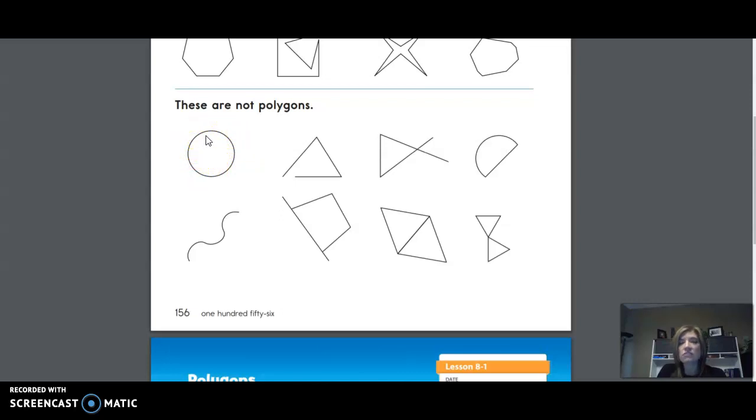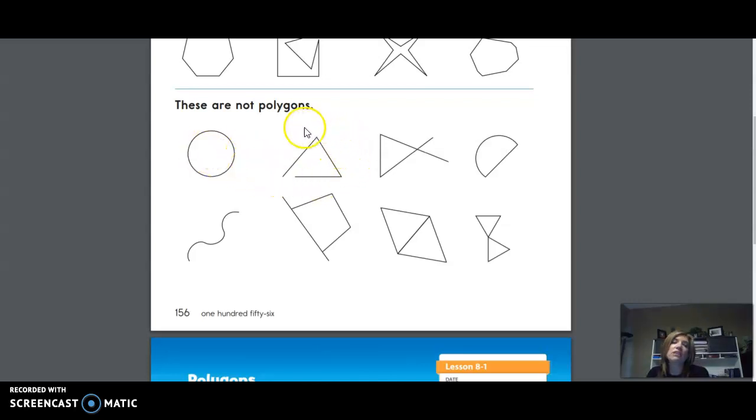No, the lines in the circle are not straight. They are curved. So since this shape does not have straight lines, this shape is not a polygon. Even though it's closed and it's flat, it doesn't have straight lines. And to be a polygon, it has to be all of those 3 things that we talked about earlier: flat, closed, and made of 3 or more straight lines.